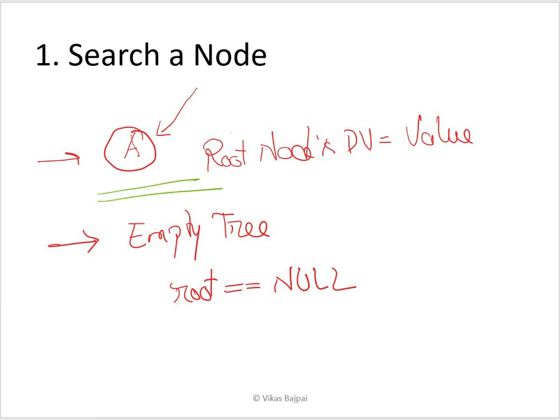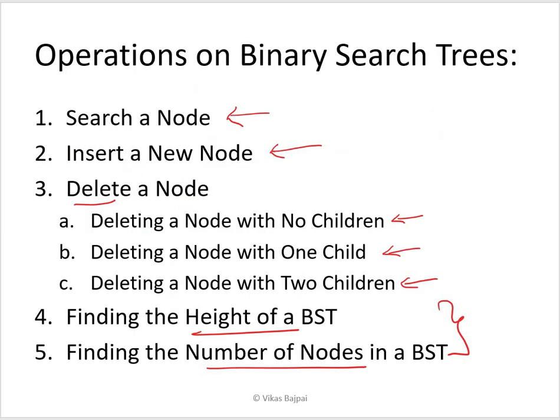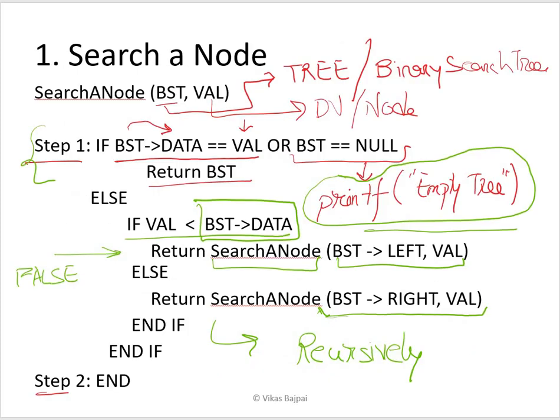We'll compare the value of a root node and we'll say that okay, the root node of the binary search tree is the same thing which we are looking for. That means if both the values are equal, then the search is successful. Or else we have these two further options, right? One is this and another one goes after else, which is this.